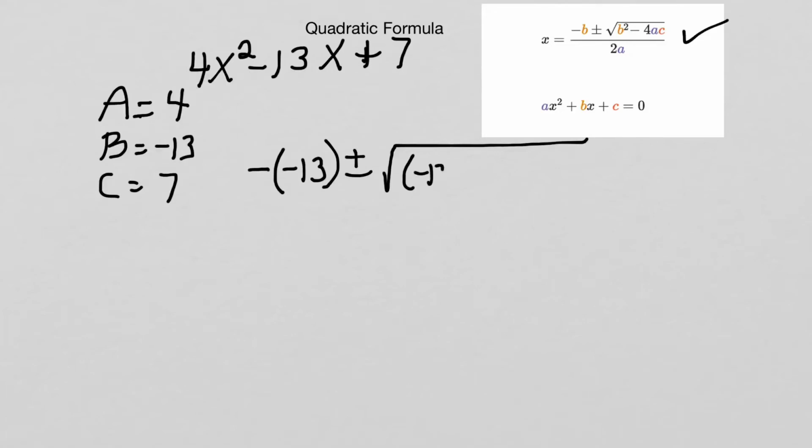So put this in parentheses because it's going to be negative 13 times negative 13. So negative 13 squared, minus, put this in parentheses, 4ac, I made a mistake there.